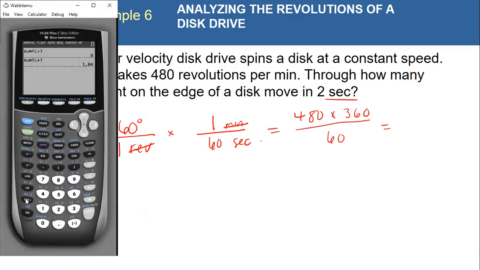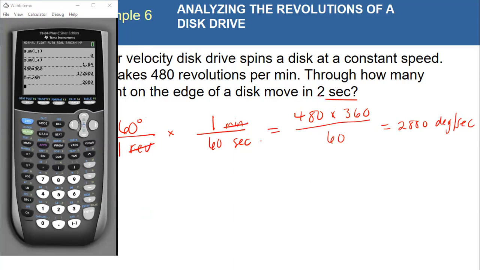So 480 times 360 divided by 60. And we get 2,880. So this is 2,880 degrees per second is how fast it's moving. Okay, so that's per 1 second.